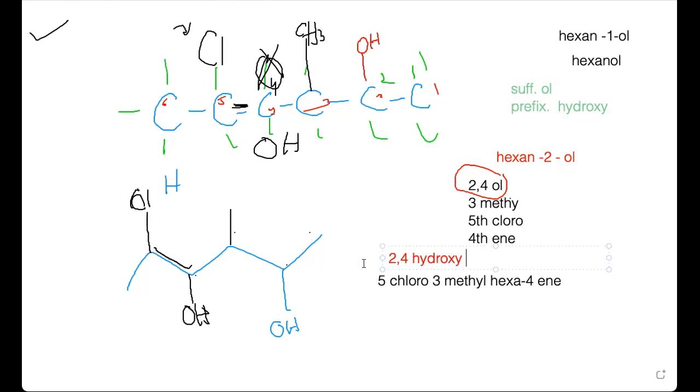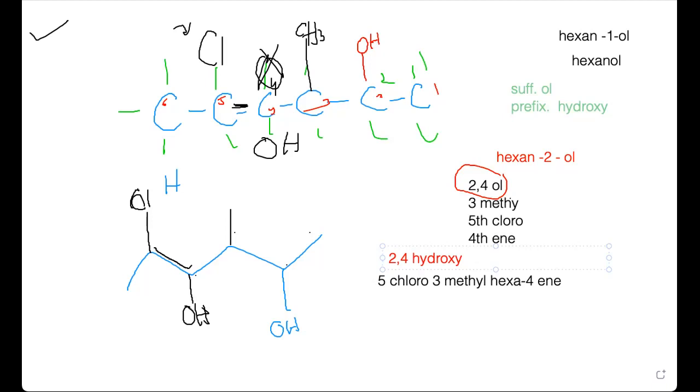You can see, sometimes we have to use the prefix. It depends. Or you can do it like this: hexa 2,4-ol 4-ene. That is also good. But this is better. You can see, we have the option of using a prefix.